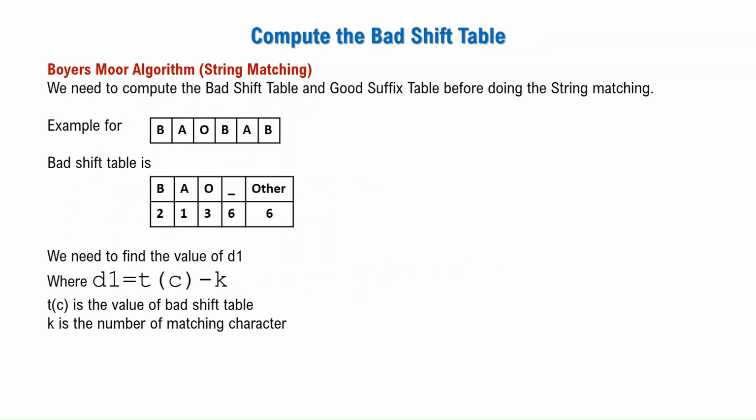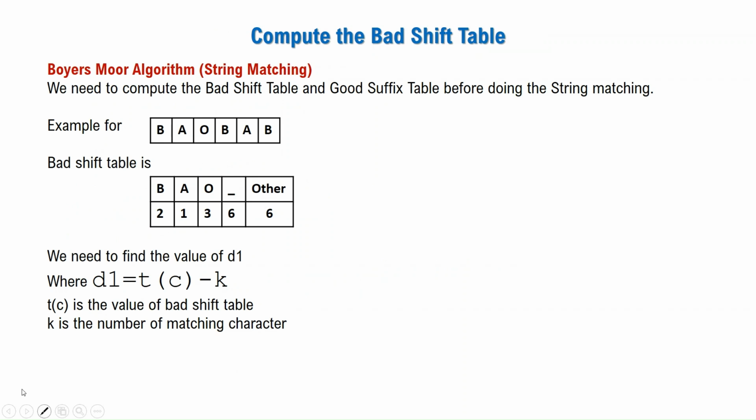Let us take an example: this is my pattern, BAOBAB. How does the bad shift table look like? This bad shift table is similar to the one in the Horspool algorithm.